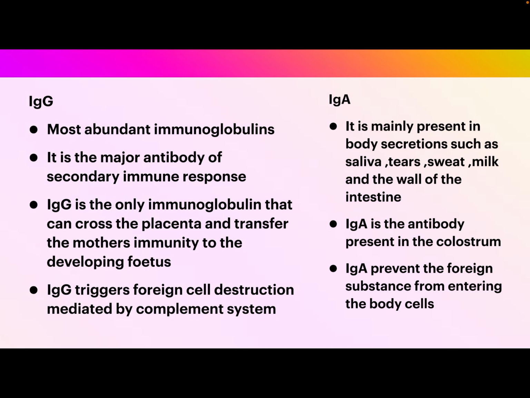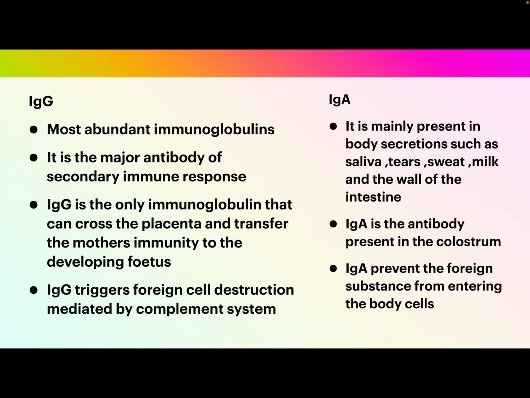When the same antigen is encountered again, the memory cells of our body get activated and remember which antigen has encountered us, so they start to secrete antibody against that particular antigen. During that secondary immune response, the major antibody secreted is IgG. It is also the only immunoglobulin which can cross the placenta, which is how the mother's immunity is transferred to the developing fetus.